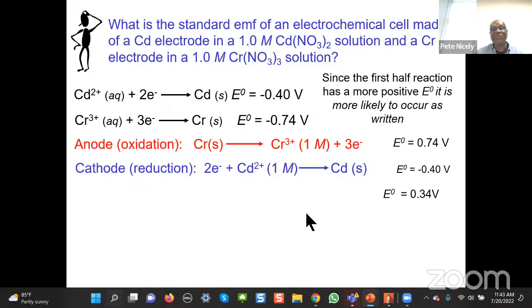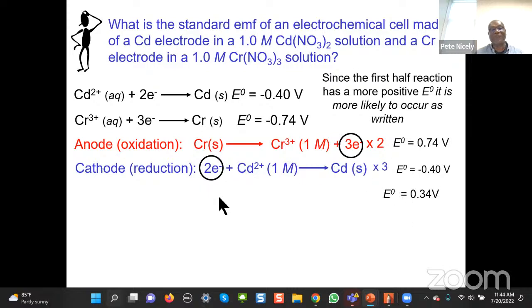And then what we do is add these two equations together. Now remember, when you're adding two equations together, the number of electrons lost and gained must be the same. So basically what we do is multiply this equation by 2 and multiply the second equation by 3. But remember, multiplying this by 2 and this by 3 does not affect these values. It does not affect the EMF values, right?